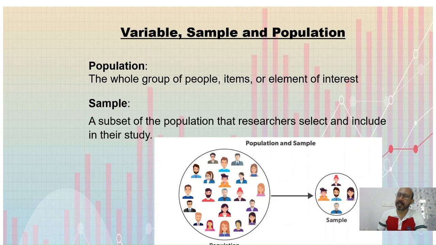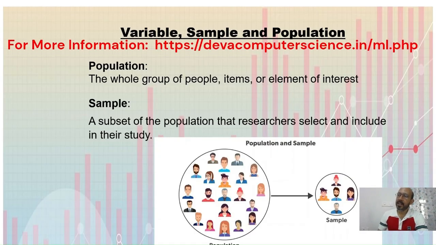Population. In statistics, the population comprises all observations or data points about the subject under study. An example of a population is studying the voters in the 2024 Lok Sabha election in India.